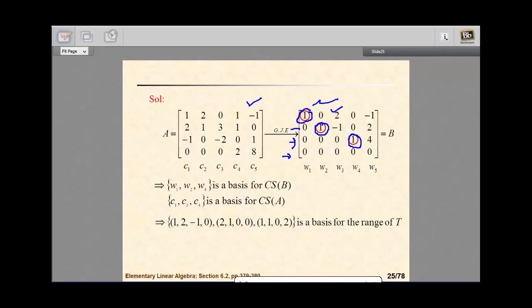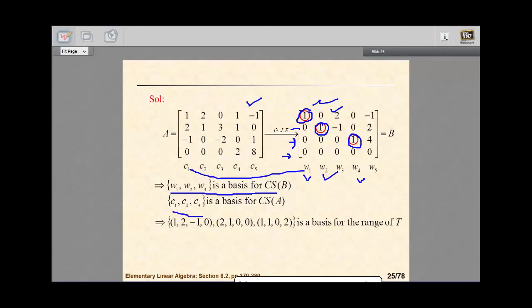So at W1 we have 1, at W2 we have 1, at W4 we have a first non-zero 1. So we say that W1, W2 are the basis for the column space, and in comparison to W1 we can say that C1, C2 and C4 are the basis for the column space of A.